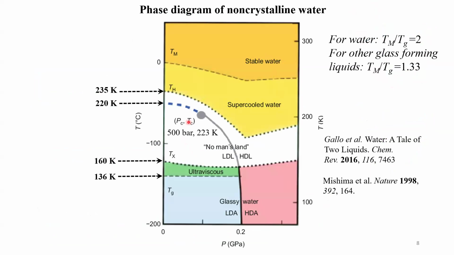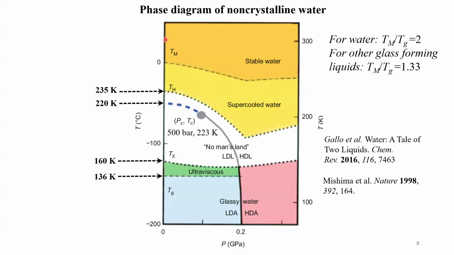The detailed phase diagram of water actually emerges from this liquid-liquid critical point hypothesis. This is the phase diagram, and you go through this line vertically downwards, okay? And this is the pressure, zero pressure here, so very close to 1 atmosphere.